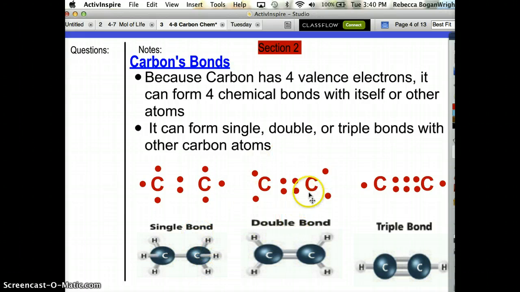In this case, 2 carbon atoms are sharing 4 of its valence electrons, making a double bond like this, so it's a little bit of a stronger compound, still having 2 valence electrons left over to bond with hydrogen atoms. In another case, though, 2 carbon atoms could share 6 of its valence electrons, making a triple bond, a very strong compound, and still have a valence electron left over to bond with a hydrogen atom.